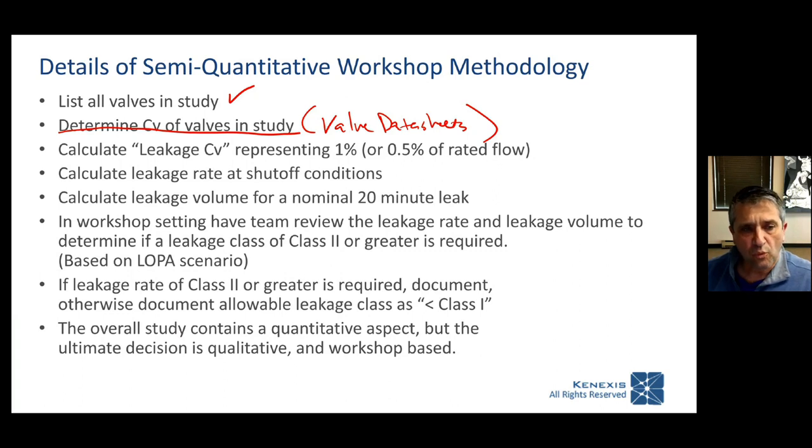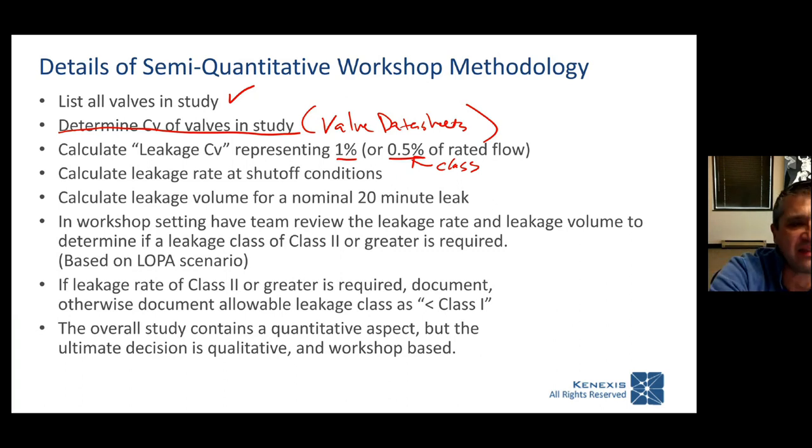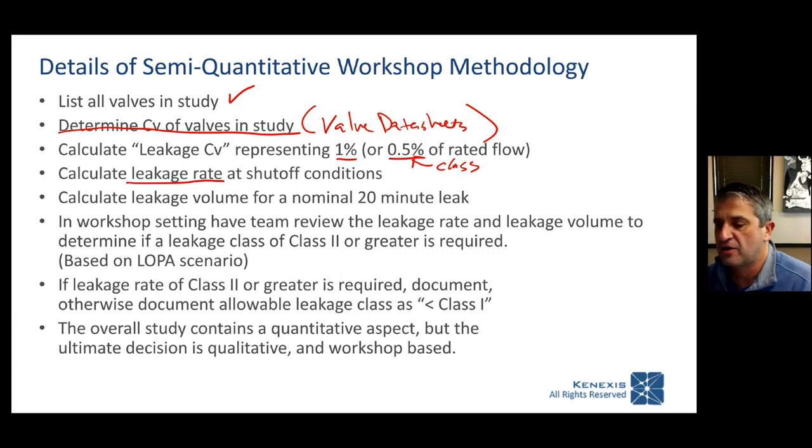Then we're going to calculate a leakage CV or a leakage rate. So what is going to be 1% or 0.5%? And again, 0.5% is class 2. So we're going to calculate a leakage CV and then a leakage rate for every valve for at least the class 2.